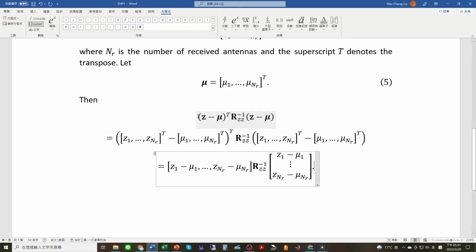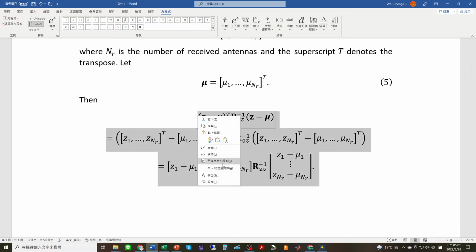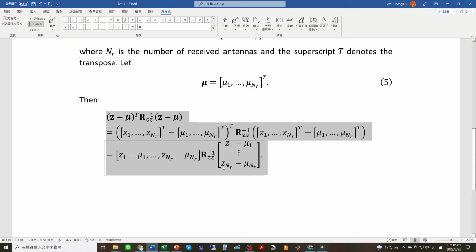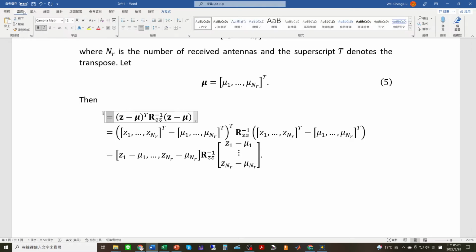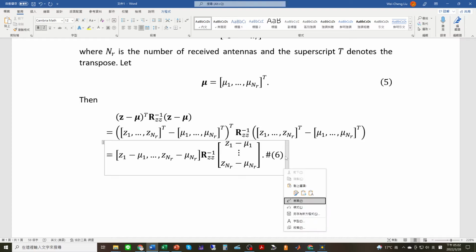And let me align this equation to the equality. I need another equality here, and I change it to a white one. Perfect. So this is called equation 6.